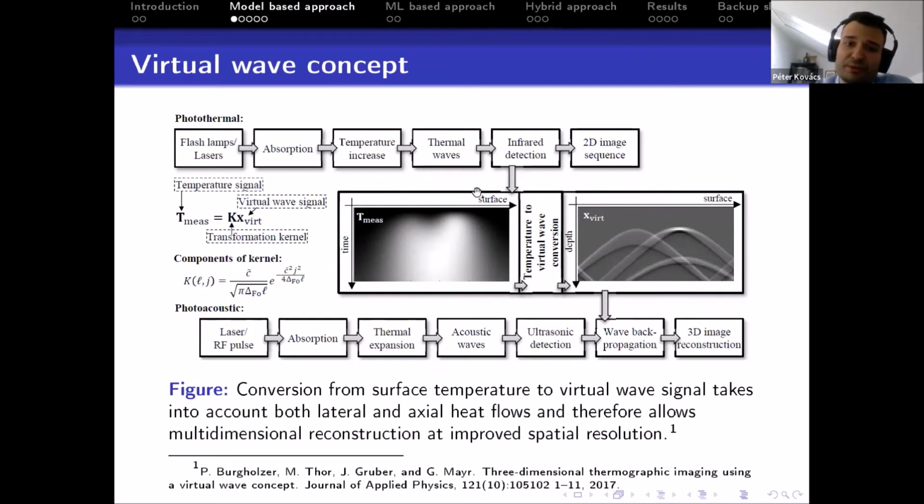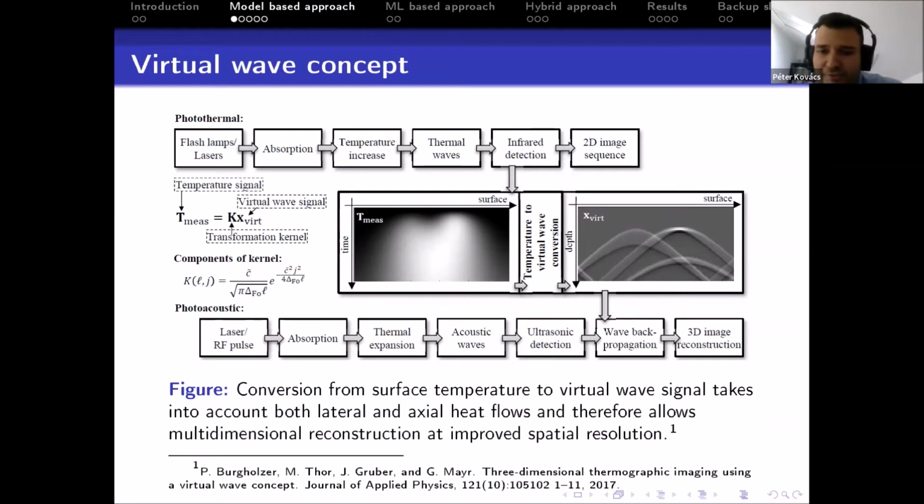So instead of working with the surface temperature data that you can see in the middle, by using a linear transformation, we convert the data to another domain. This is called a virtual wave domain. And then we can apply reconstruction techniques used in photoacoustics.